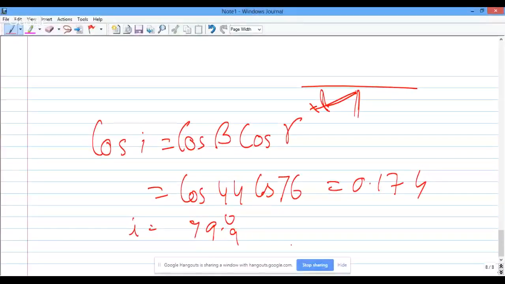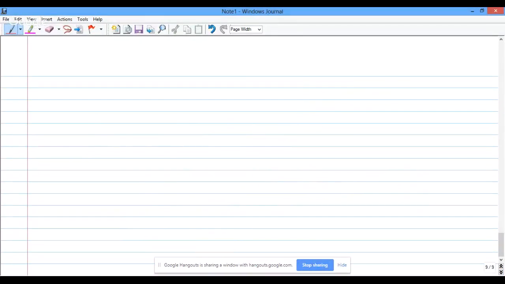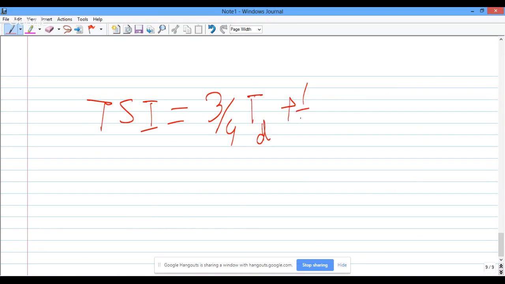TSI, the formula for TSI, if you recollect, TSI equals, the simple way is 3/4 of TW, that's what we write, 3/4 of TD, the dry bulb temperature, plus 1/3 of TW minus 2 under root V. That's what it is. Now, what is the question?